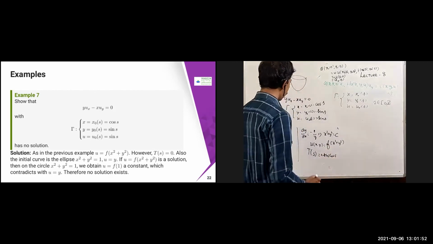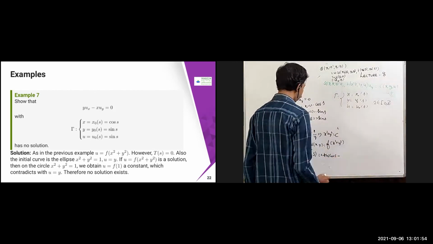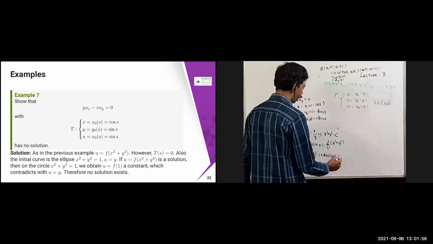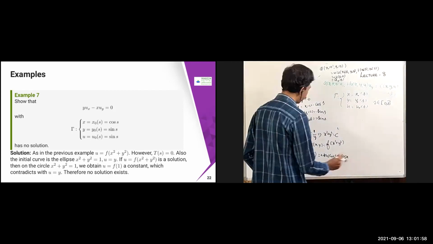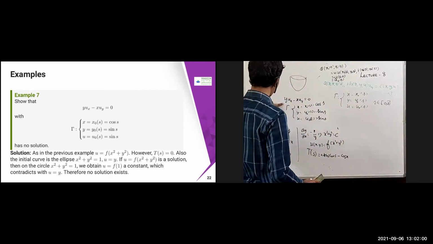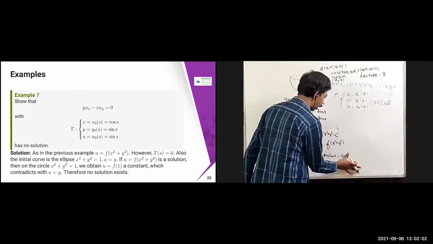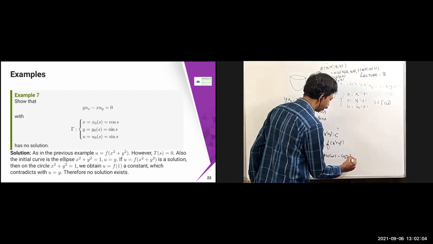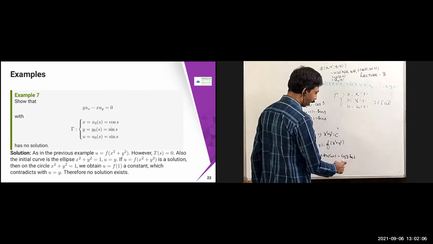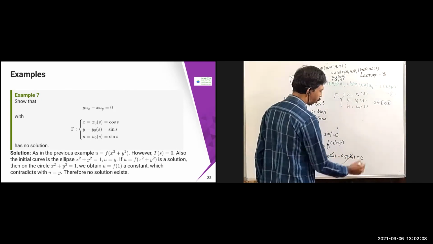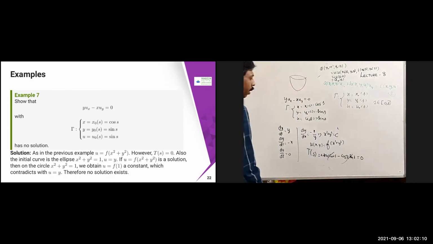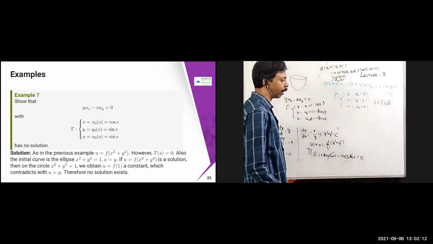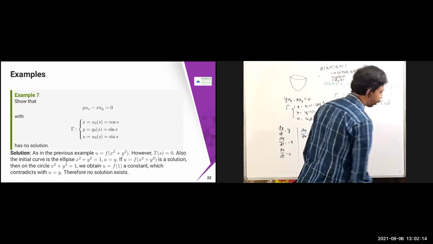And minus dy naught by ds is going to become cos s, into a naught, where y is sin s. So sin s cos s minus cos s sin s, they both get cancelled. So it is 0. That means you cannot guarantee whether the solution is going to exist or whether uniqueness is going to be guaranteed.